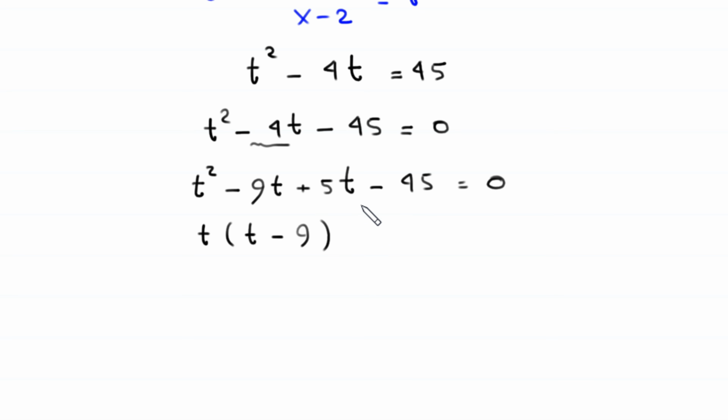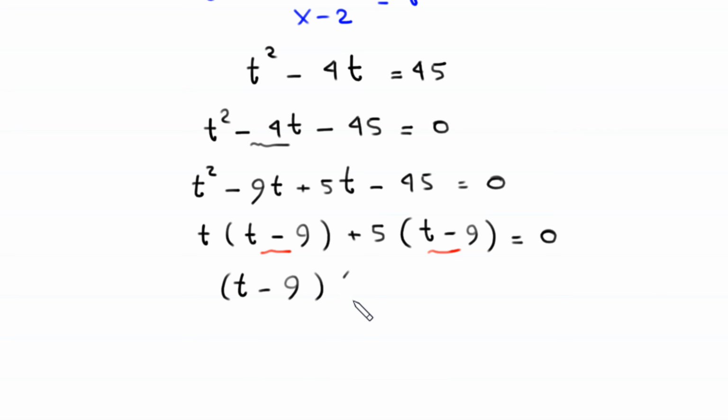From these two terms we can factor out plus 5. In bracket left t minus 9 equal to 0, and this t minus 9 is a common factor, so we factor out this t minus 9, and in bracket left this t and this plus 5. In bracket left t plus 5 equal to 0.